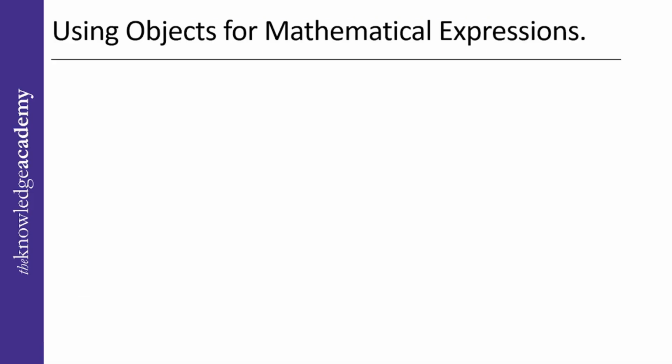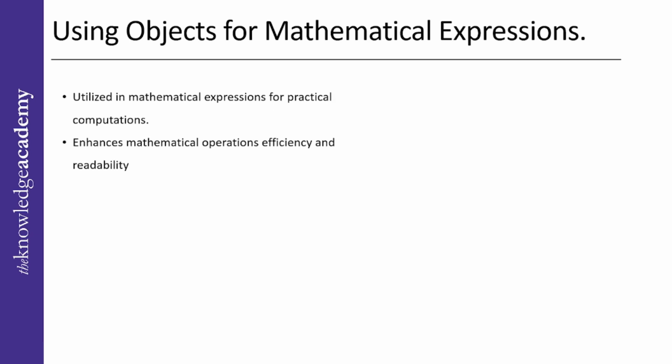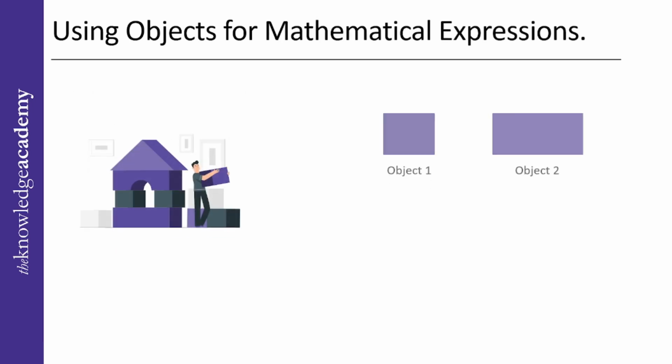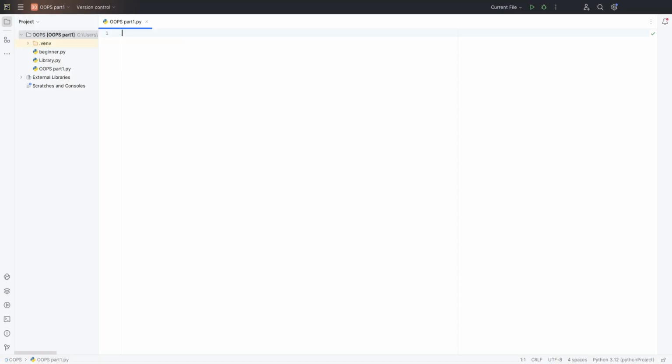2. Objects in mathematical expressions. Let's now consider a different scenario where we utilize objects in mathematical expressions. Suppose we have two objects representing rectangles and we want to calculate the total area when they're arranged side by side. In this example, we define a rectangle class with a method to calculate its area based on the length and width attributes.